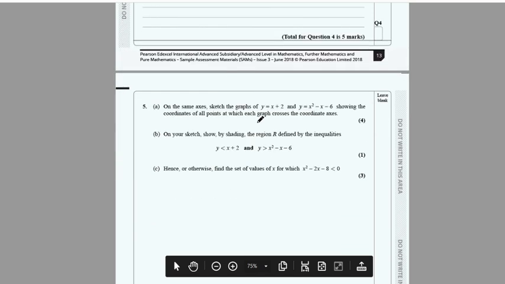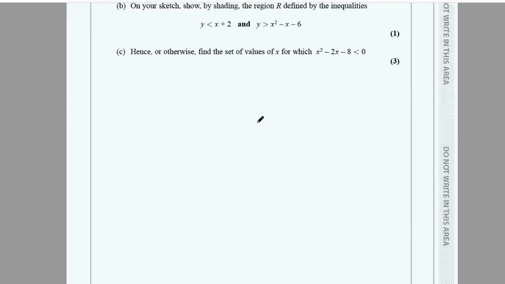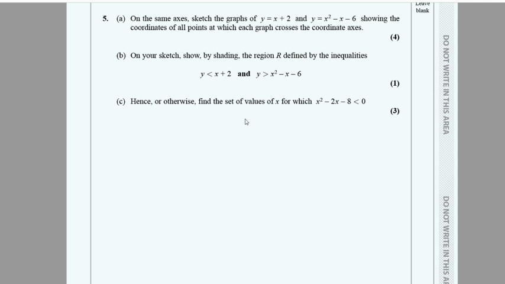Next we have to sketch them. We need to sketch this on the same axes, the straight line and this curve, so you just solve: at the x-axis y is 0, at the y-axis x is 0. Wait, let me just bring the calculator.